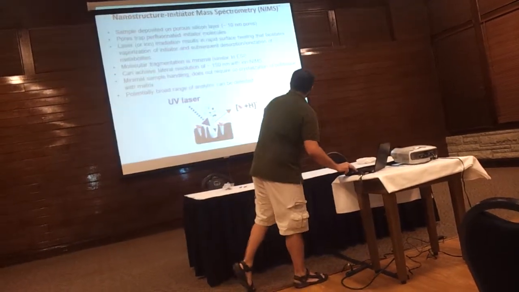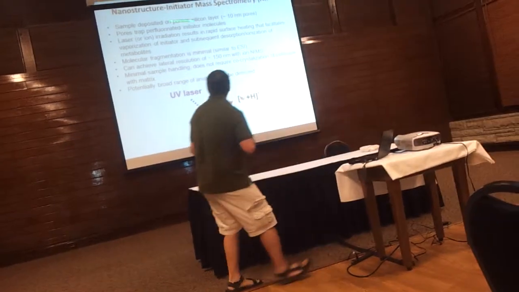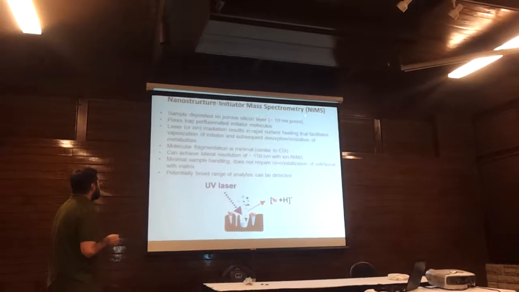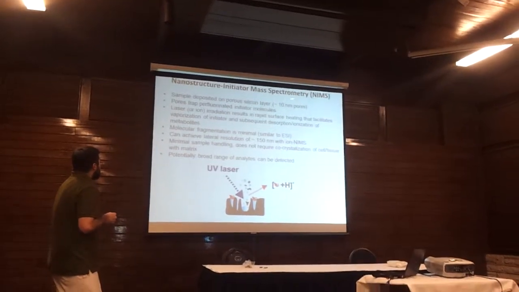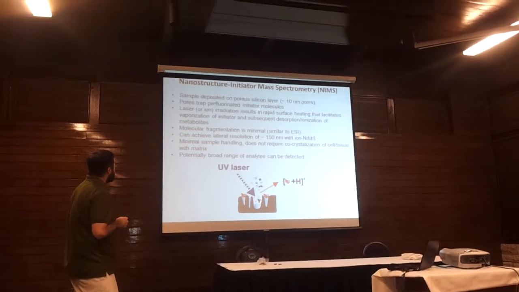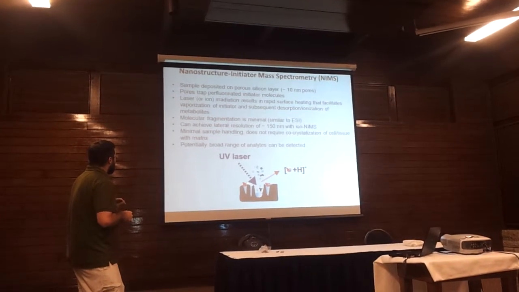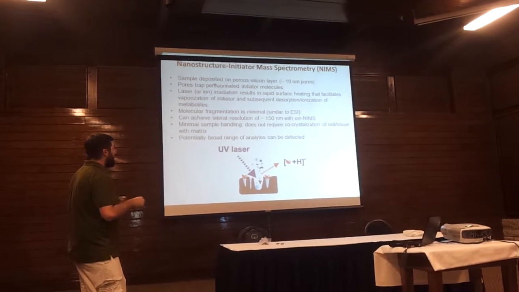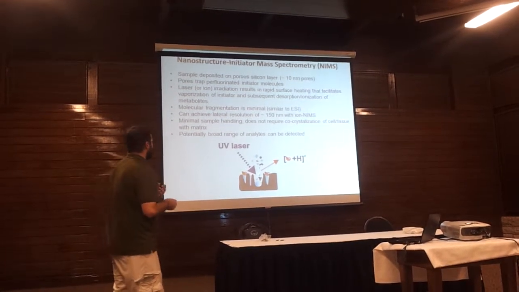So that's pretty cool. And then finally, the last technique I want to talk about is a very new technique called NIMS, nanostructure initiator mass spectrometry. What's cool about this one is that you can deposit this matrix, and you include these initiator molecules, which aid in the ionization of the analytes you're interested in.